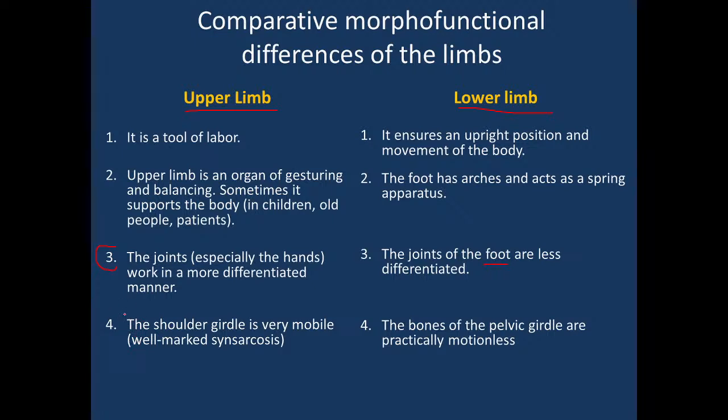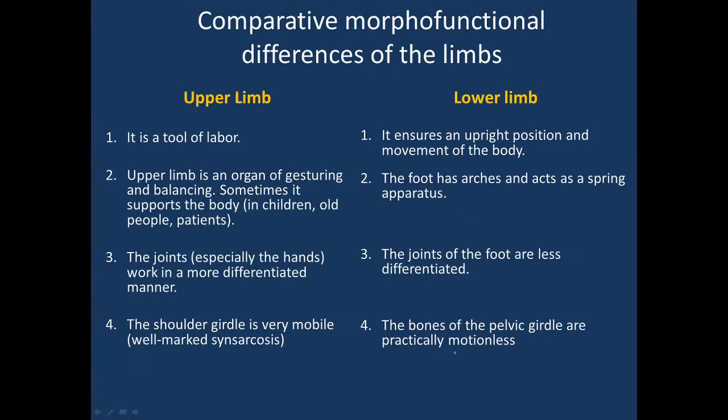Regarding the shoulder girdle, this is quite a mobile part of the upper limb. In comparison, the pelvic girdle is practically motionless, because it helps us to keep the vertical position of the body.